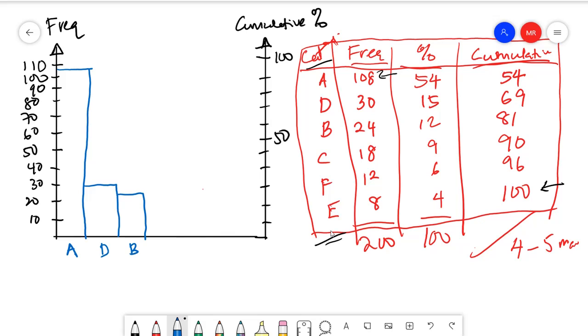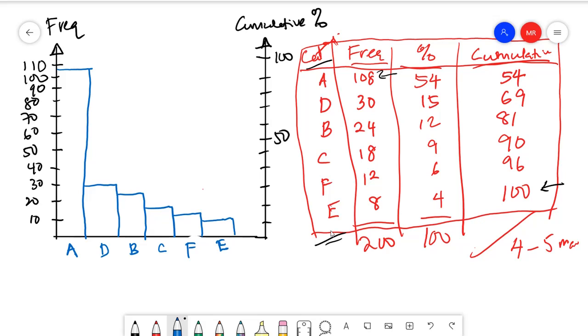C is 18. F is 12. And E is 8. Sorry, this is E, this one is supposed to be F.